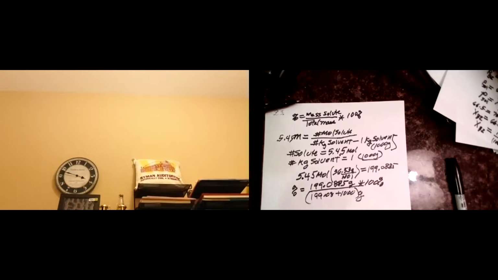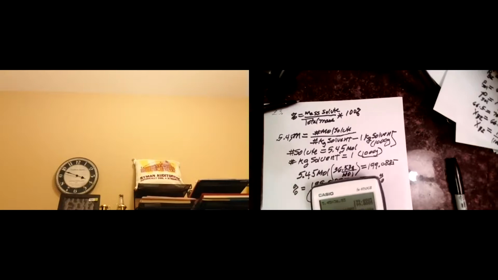So I've got this number on my screen. I want to divide by the second answer plus 1,000. And I get that, and then I multiply it by 100%.